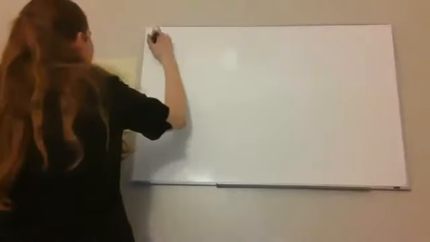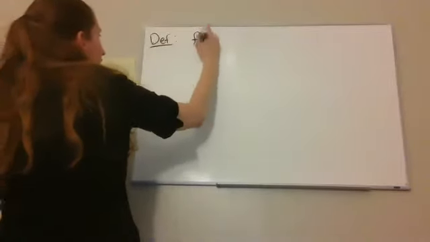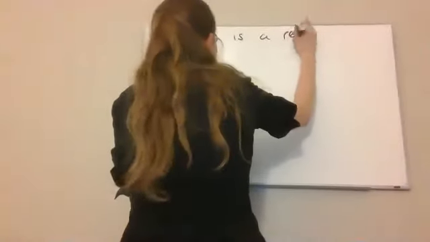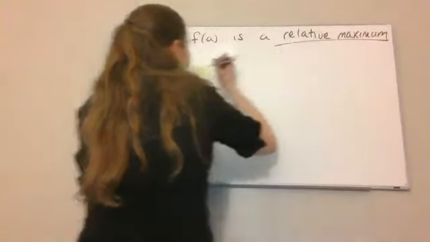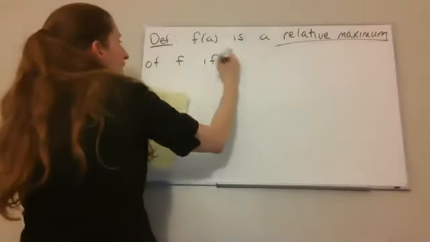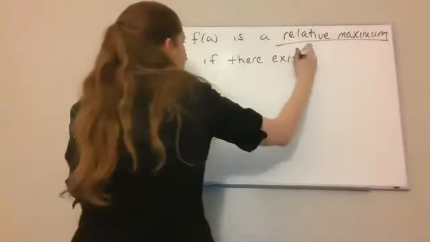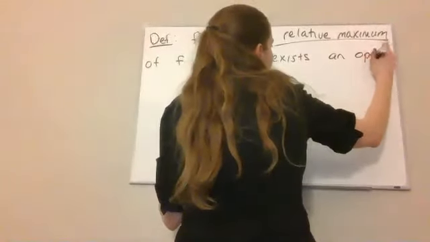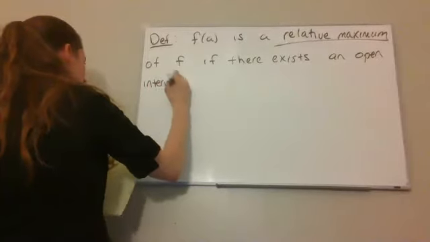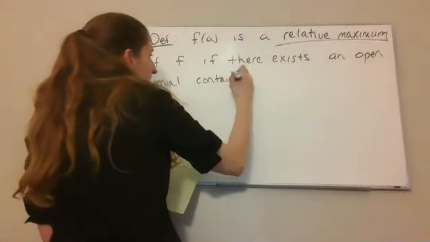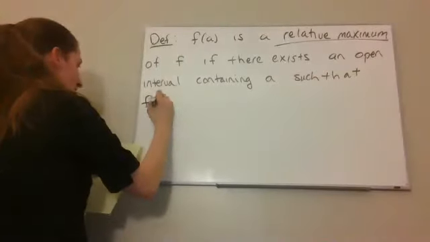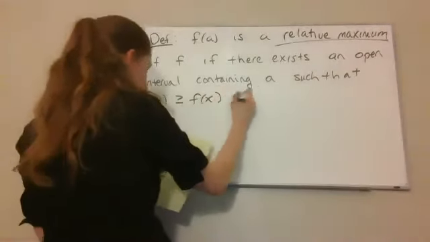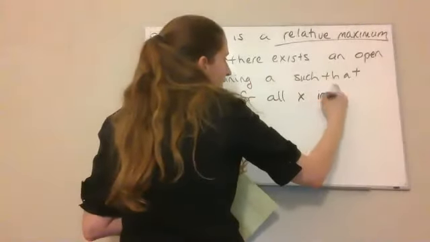So our definition. f(a) is a relative maximum of f if there exists an open interval containing a such that f(a) is greater than or equal to f(x) for all x in the interval.